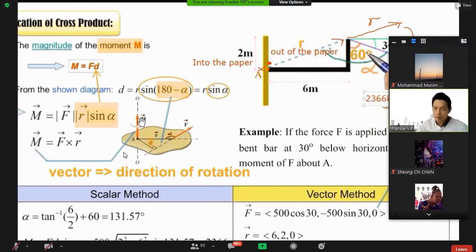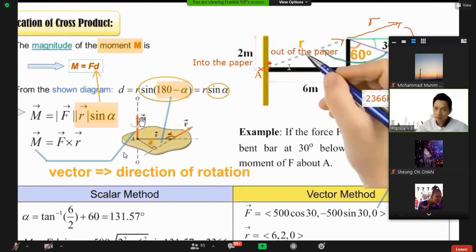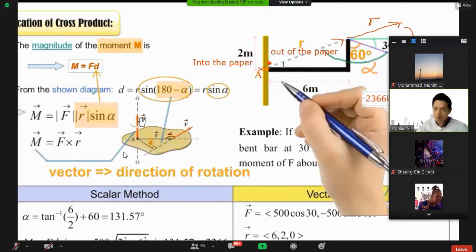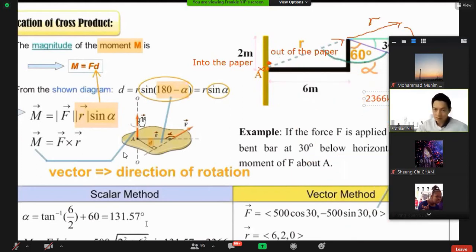So the enclosed angle is 131.57, and F is 500, and d is the R. By using the Pythagoras theorem, 2 squared plus 6 squared, and then square root this, and then sine of the angle, we have the result 66 as well. Okay, this is the moment. Got it? Okay, so that's all for this example.